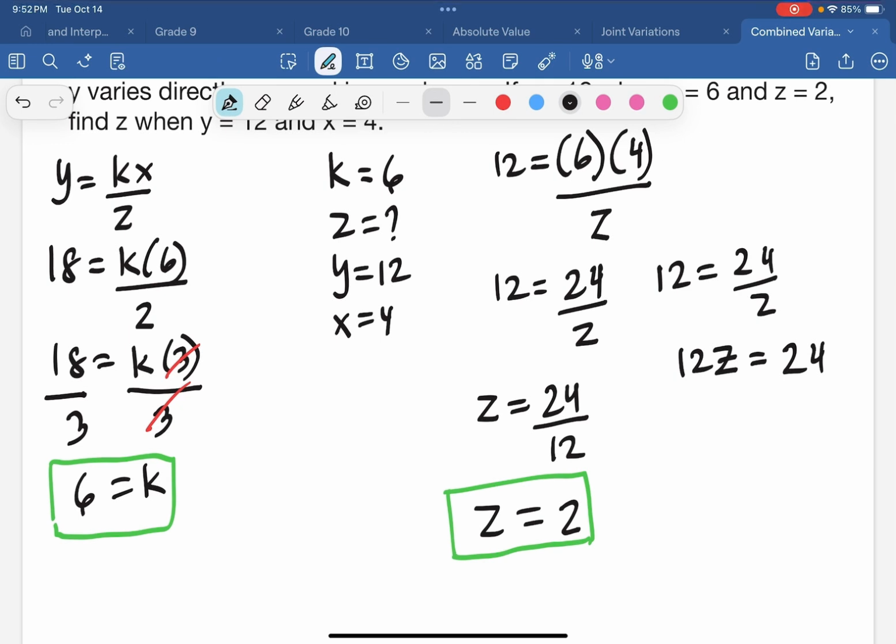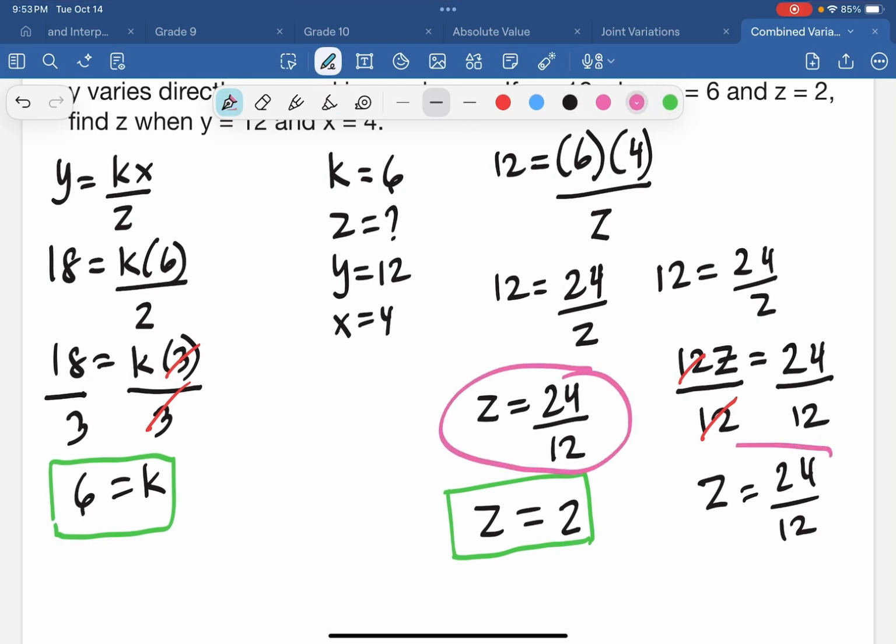So obviously, if we divide both sides by 12, and we get to cancel 12 and 12 here, we are left with z is equal to 24 over 12, which is the same as this one. So that's why you could just switch. But anyway, in case you forget the shortcut method, you could just do the regular thing of having this part.